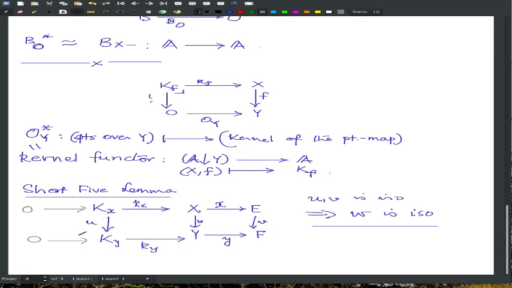I didn't place them because this is redundant, since I have already defined the kernel. We know that the kernel is the pullback and so on. Essentially, whether you put this or not, the short 5 lemma is a statement like this: whenever U and V are isomorphisms, W is an isomorphism. Right? Yes.